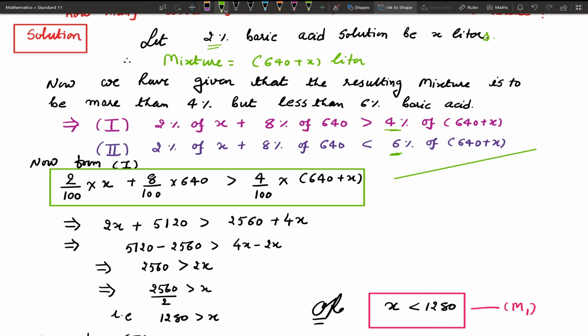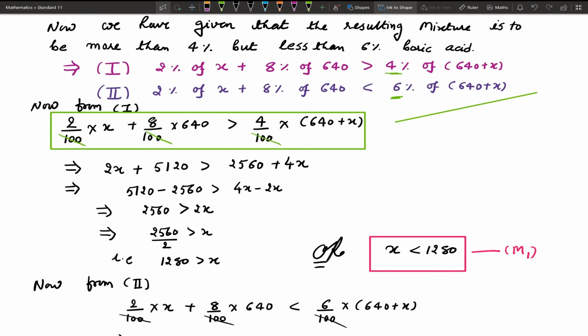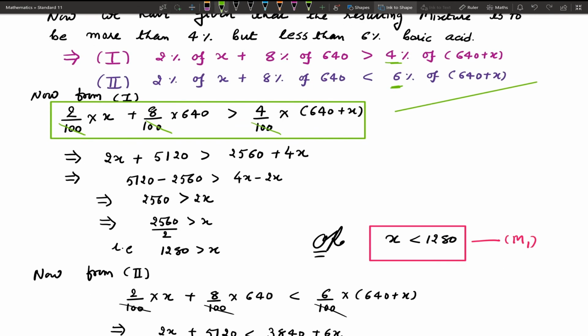So you can cancel 100 throughout on simplifying. Now it is ordinary multiplication and simplification. It will give 1280 greater than x. Whether we write a greater than b or at the same time we can write b less than a. So x must be less than 1218.